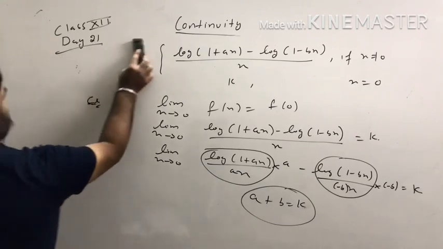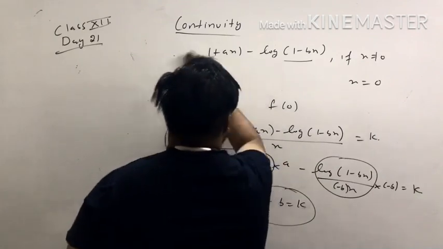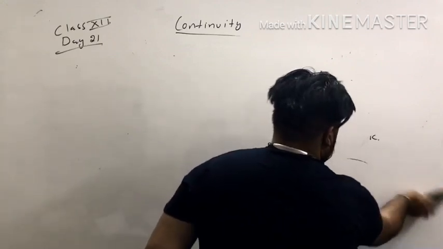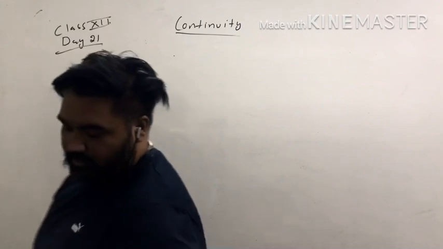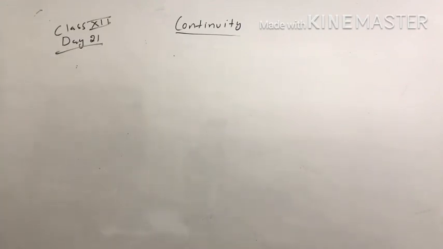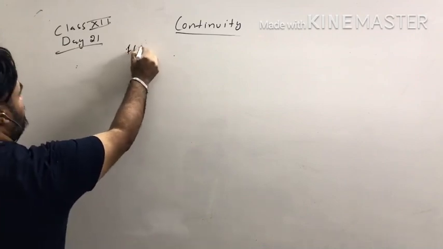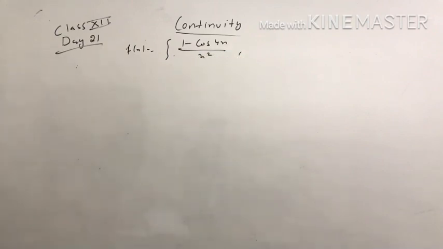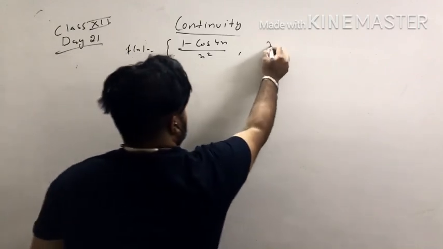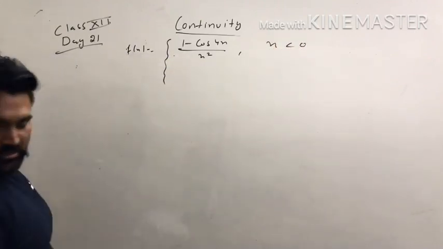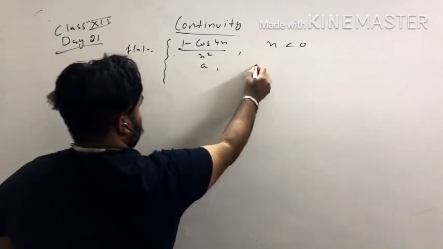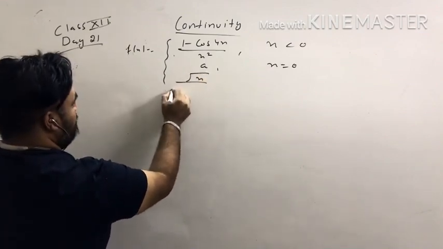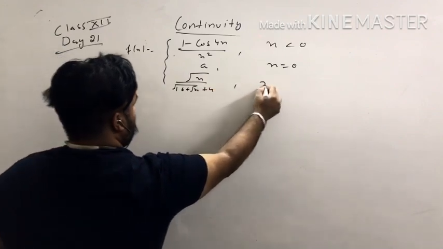Next question. The next question is: f(x) equals (1 minus cos 4x) upon x square if x is less than 0, after that a if x equals 0, after that root x upon x if x is greater than 0.